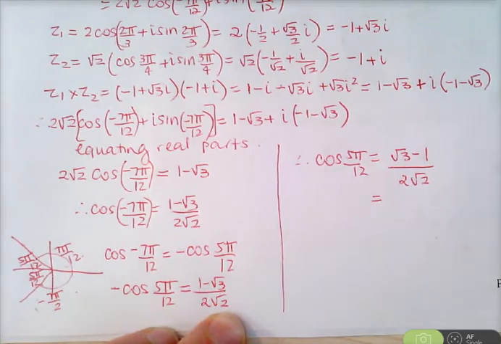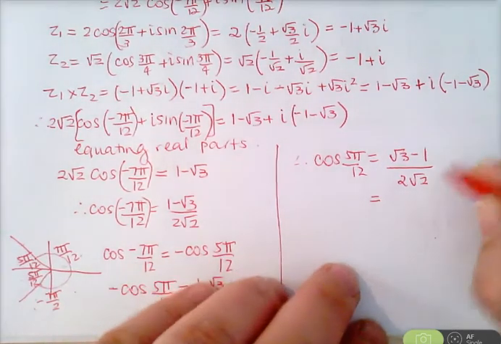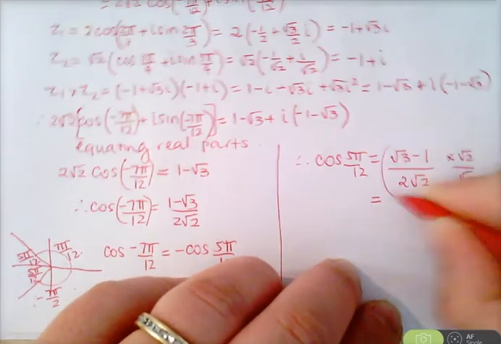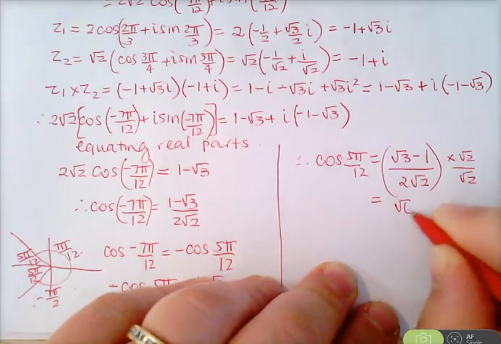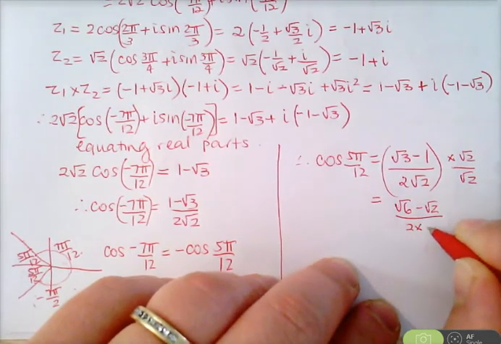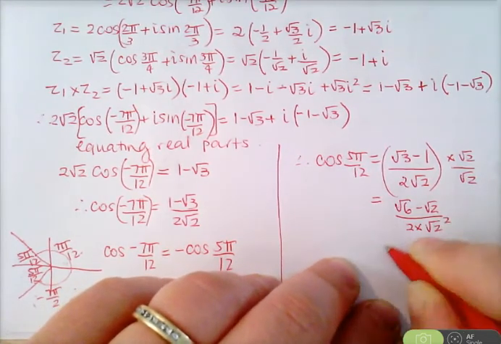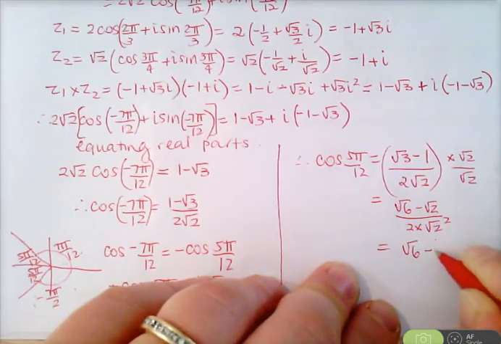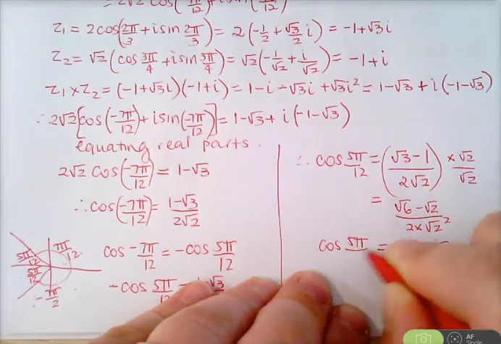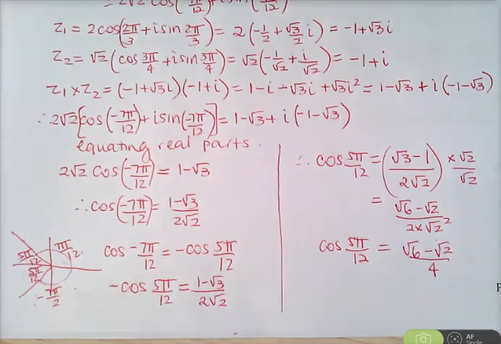And if I want to rationalize the denominator there, I can just multiply by root 2 over root 2, okay? And I will get (root 6 minus root 2) over 2 times root 2 squared, which is 2 times 2, which happens to be 4. So I've got (root 6 minus root 2) on 4. So therefore the cos of 5 pi on 12 is equal to that, (root 6 minus root 2) on 4.